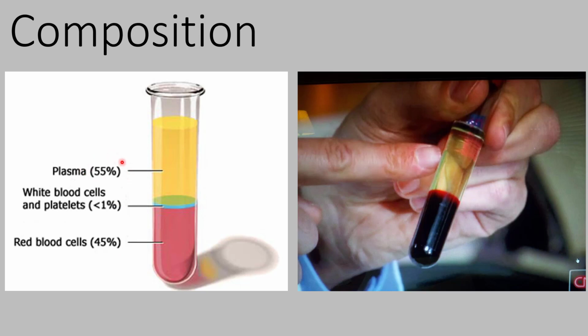The plasma should be about 55%, and again, if it's higher or lower, that could indicate something's wrong. And the Buffy coat, the white blood cells and the platelets, should be less than 1%. Now, if any of these numbers are off, that could be something that we could use as a diagnostic to figure out if there's something wrong with the patient.